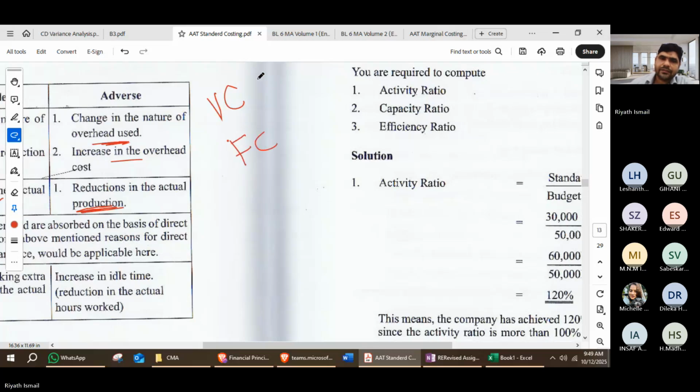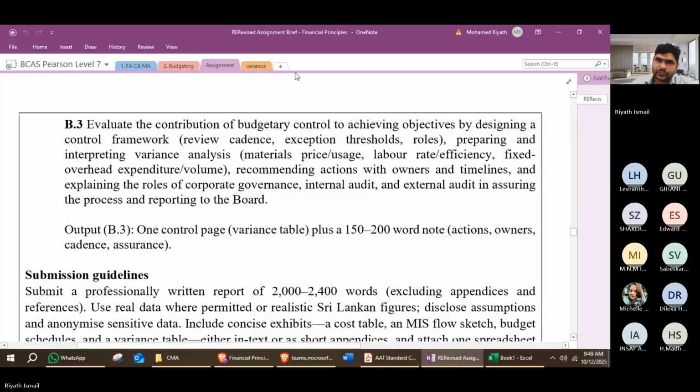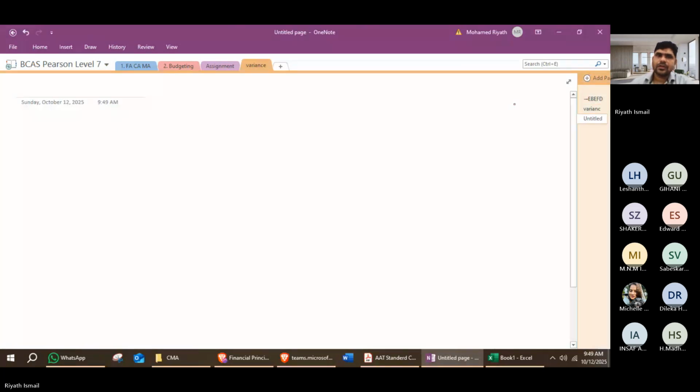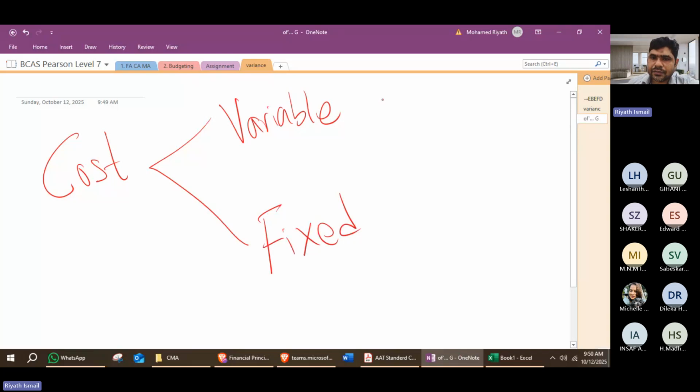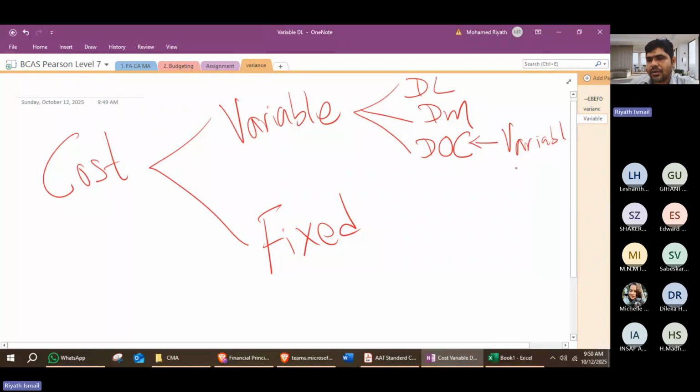The variable cost may include direct labor, direct material, and direct other cost, which we call variable overhead.